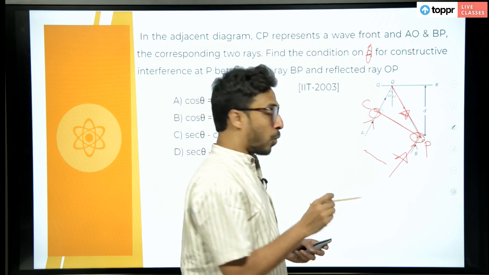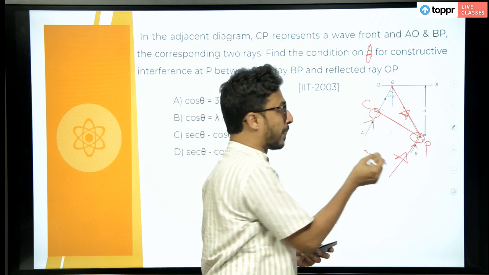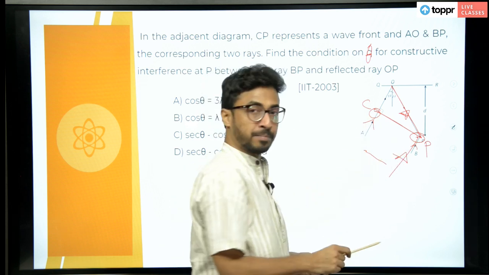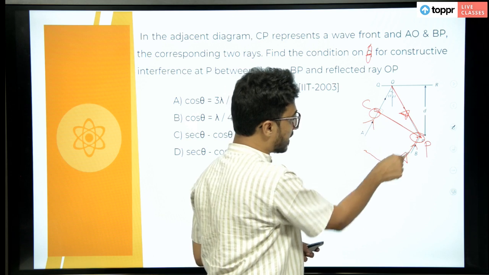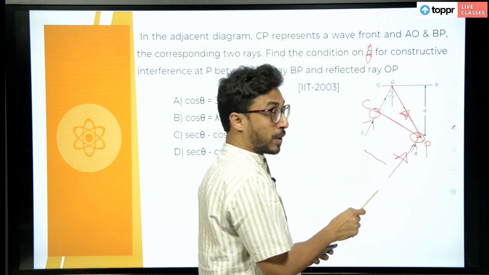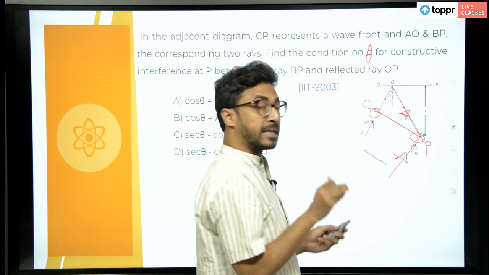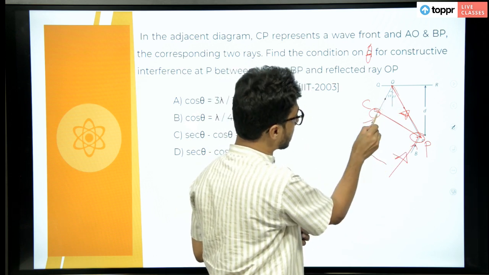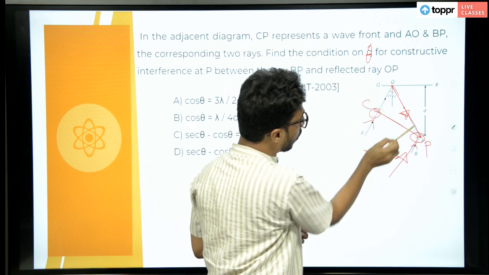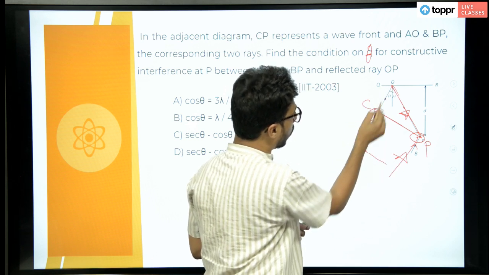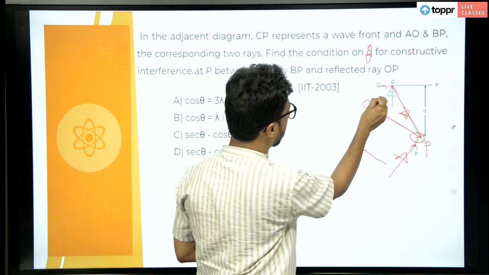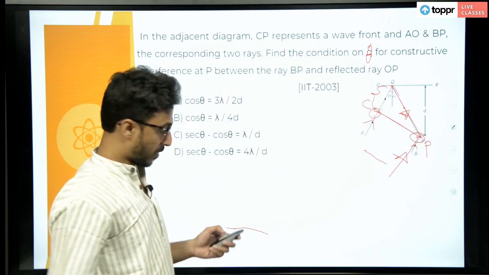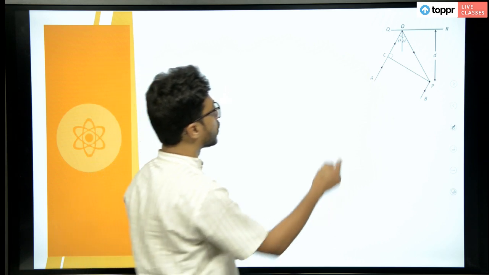But we are not finding the path difference between C and P. We are finding it between this and the reflected ray. So the path difference is incorporated because of this path distance, that is CO and OP. So CO, this part, is extra.